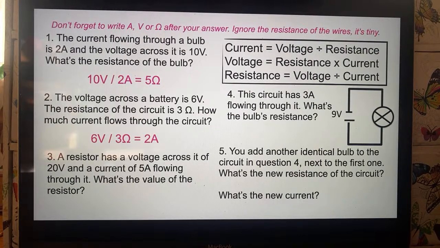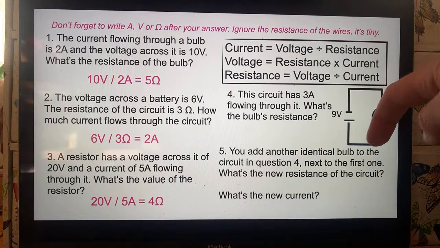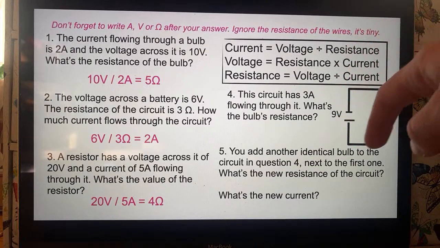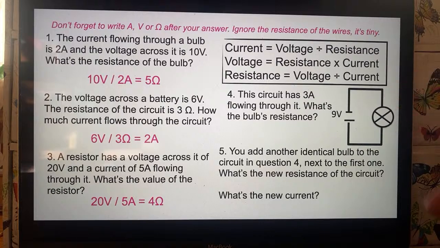A resistor has a voltage across it of 20 volts and a current of 5 amps flowing through it, so the value of the resistor must be 20 volts divided by 5 amps, which is 4 ohms. Number 4, if this circuit has got 3 amps of current flowing through it and there are 9 volts being provided by the battery, the resistance of the bulb must be 9 volts divided by 3 amps, which is 3 ohms.